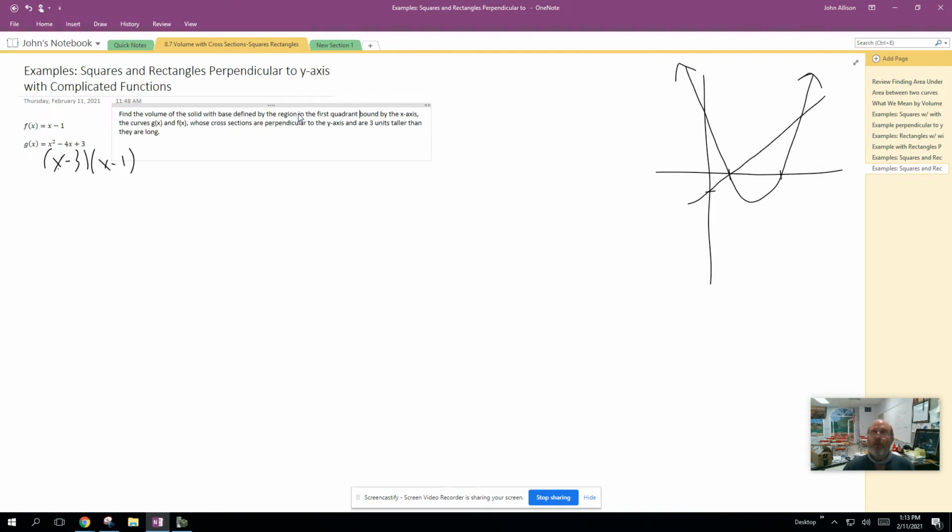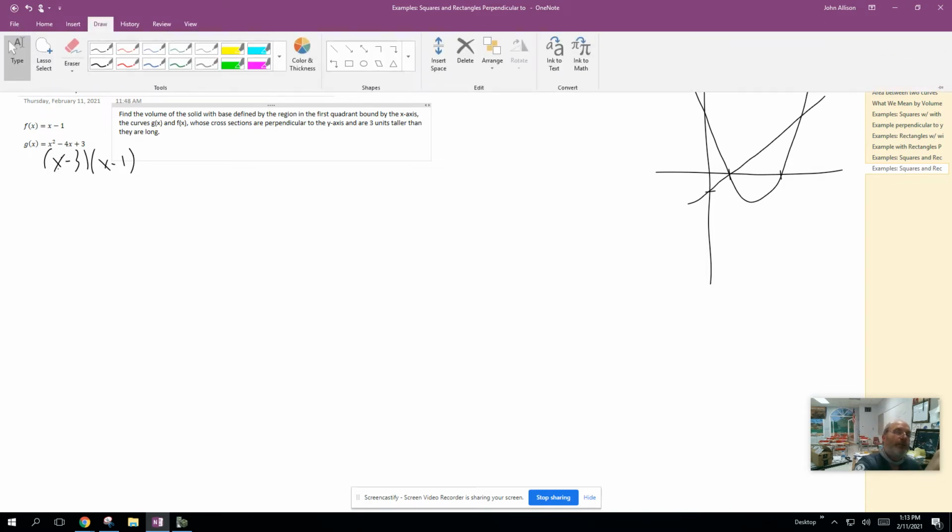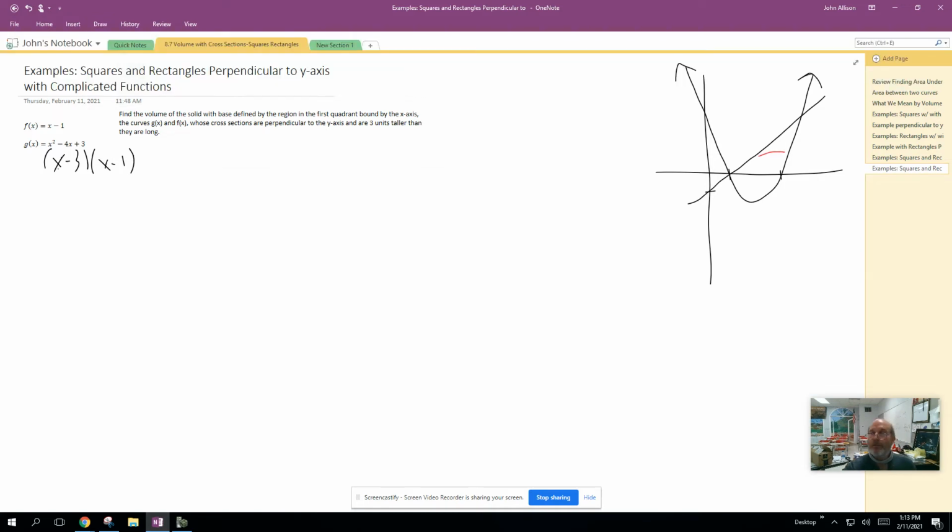So what we're looking for is the solid that is generated, or its base is this region in this first quadrant here. I'll make a better rectangle than that. But the rectangles are going to be perpendicular to the y-axis. And so this is x, and this is y. But we're going to have to integrate with respect to y in this case, because our rectangle is perpendicular to the y-axis.